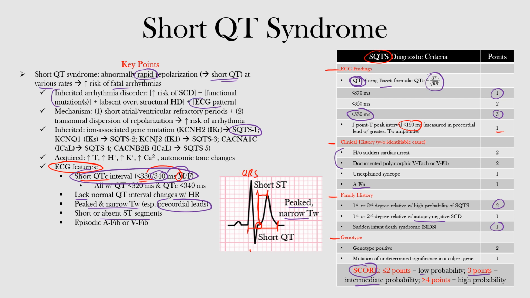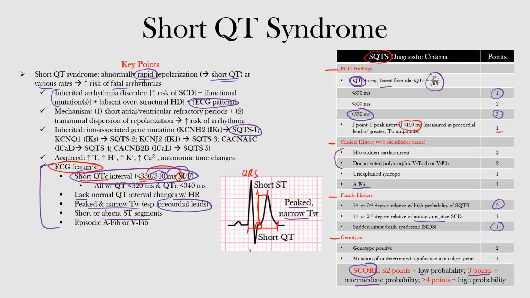The main distinguishing one was the EKG features, that we talked about down here. Now remember the mechanism in this case, we have the short atrial and ventricular refractory period on top of the transmural dispersion of repolarization, meaning that you have repolarization happening at different rates at different myocardial layers, okay?